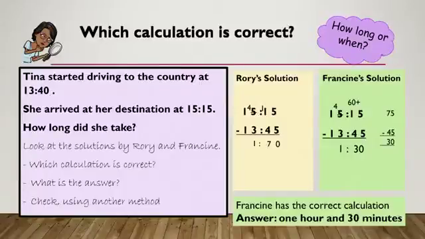The correct answer is 1 hour and 30 minutes. Can we check it another way? Yes, we can. From 1340 to 1440 would give us 1 hour, and then a little bit more than that would get us to 15. So it's actually 1 hour and 30 minutes.